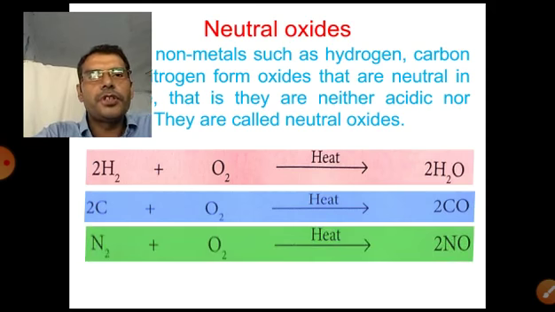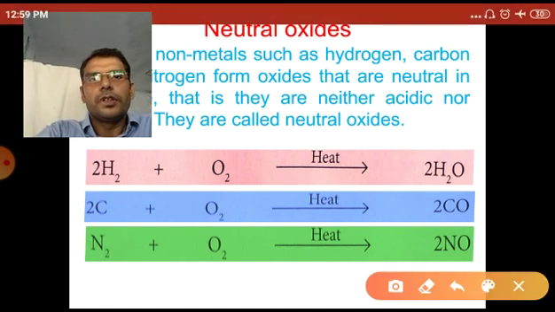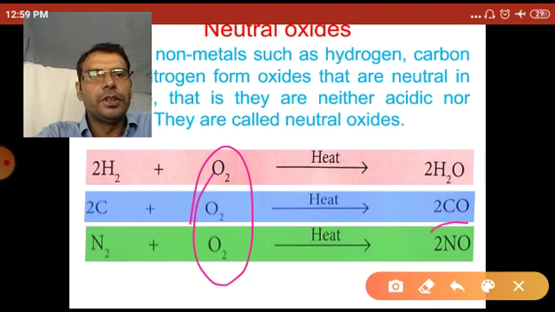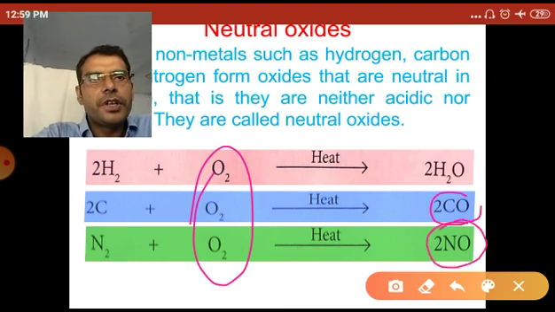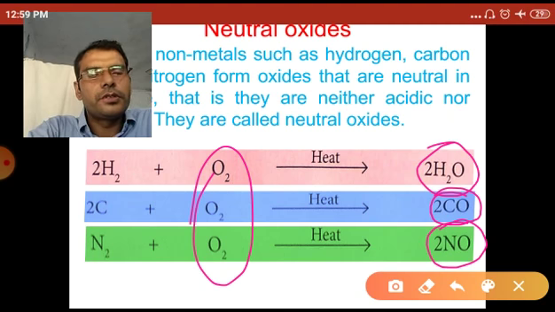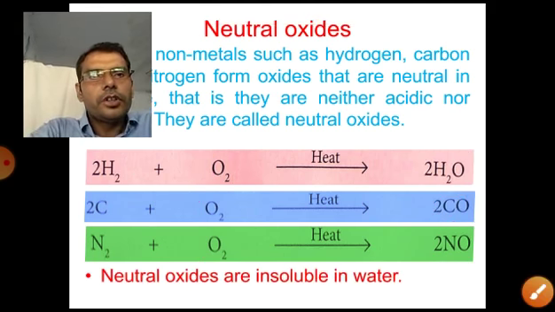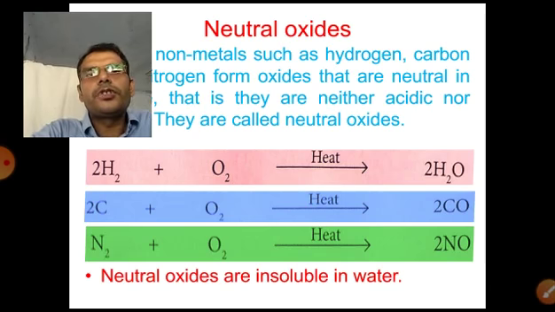When nitrogen is heated in a limited amount of oxygen, it forms nitric oxide. Nitric oxide is a neutral oxide. Carbon monoxide is a neutral oxide, and H2O is also a neutral oxide. Neutral oxides are generally insoluble in water.